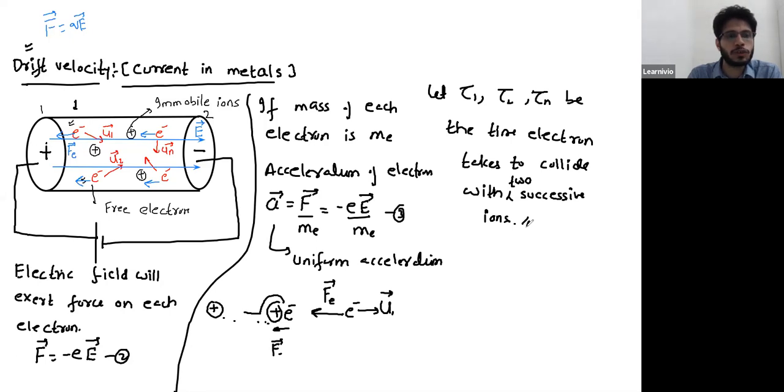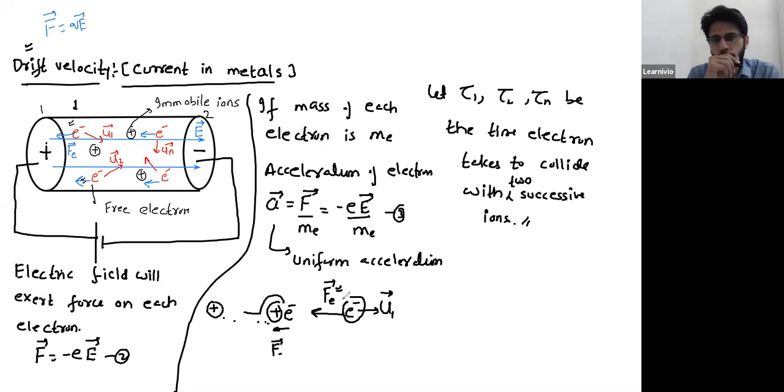Fatma, Jabana, Afroza, are these time intervals clear? Can you explain once again? So if I consider the first electron, this electron has some thermal velocity u1 in the right-hand side direction. You have applied an electric field. That electric field exerts some force on the electron.